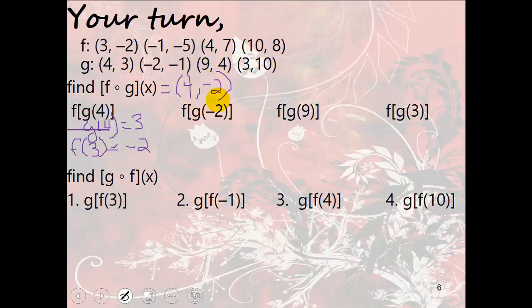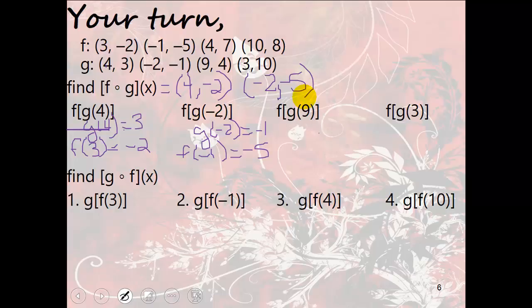Now I'm going to move to my second input in G, which is negative 2. So G of negative 2 equals negative 1. F of negative 1 is equal to negative 5. So I get the ordered pair negative 2, negative 5.